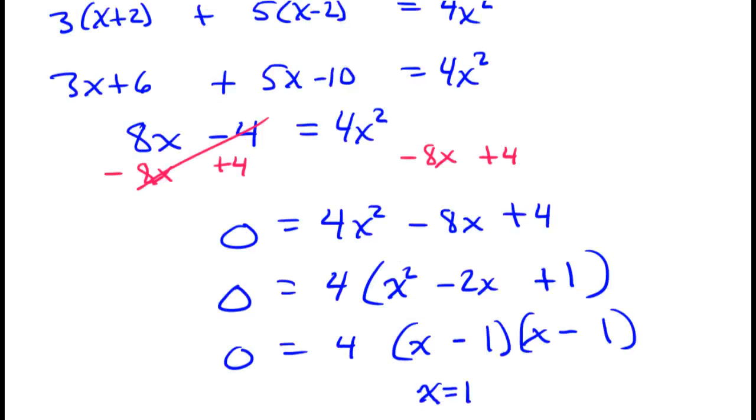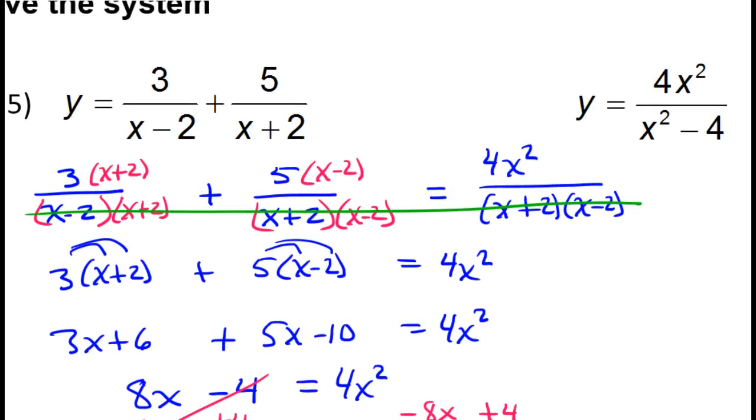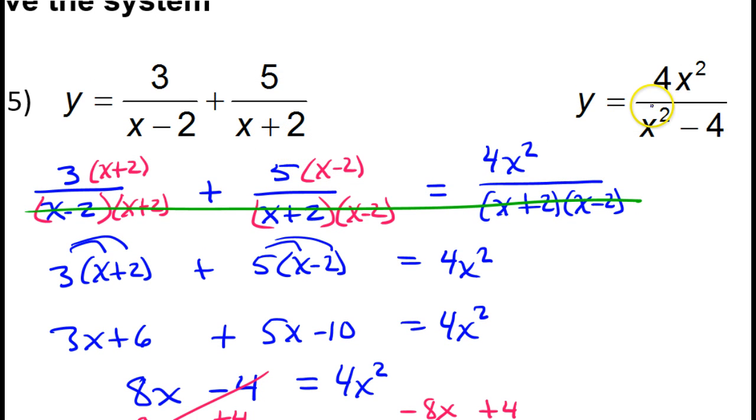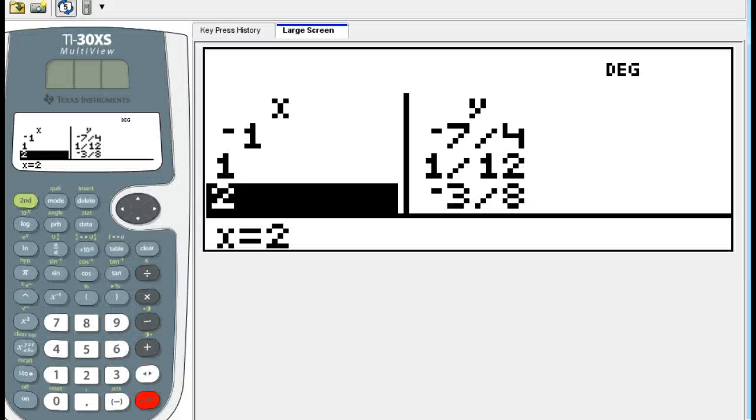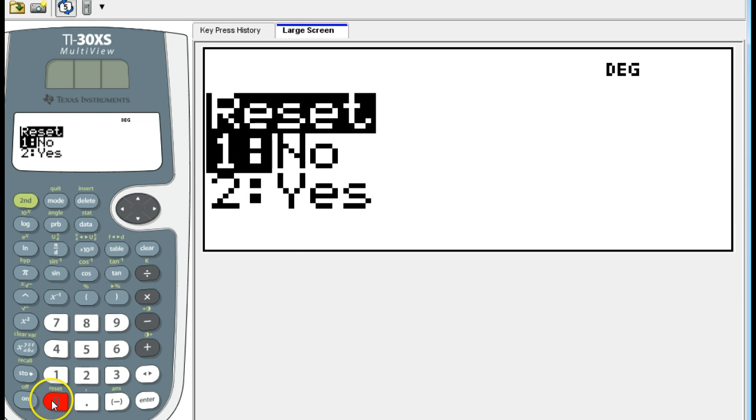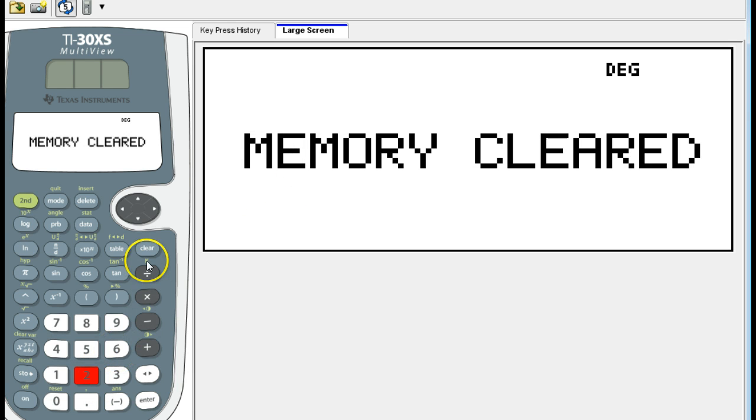So to get that, I need to take one of my two original equations and put it into my calculator table feature. I think I'll do this one, 4x squared over, okay, so I'm going to come here, I'm just going to reset my calculator real quick. So second, 0, yes, so I just reset it.